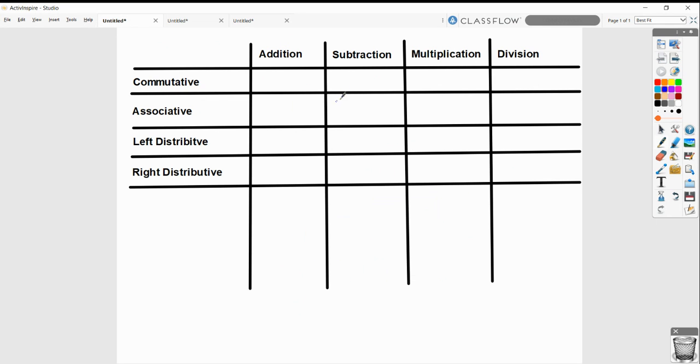Now we will see all the different operations and all the different properties, whether they will work. As we saw, addition, yes, it is commutative. Addition, is it associative? Yes. Distributive properties, we talk only for multiplication and division, right? Multiplication is left distributive also and right distributive also.